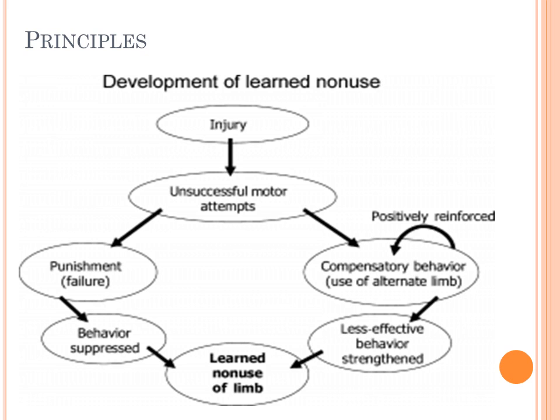Because of the unsuccessful motor attempts, the child fails to do the movement and hence the behavior is suppressed, and hence there is learned non-use of the limb. Secondly, if the child is not able to use the involved limb, there is compensatory behavior of the alternate limb and hence the less effective behavior is strengthened, leading to learned non-use of the limb again.